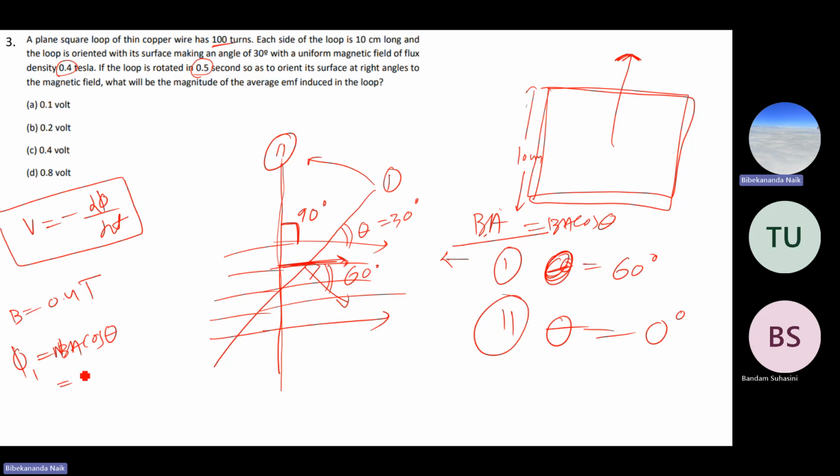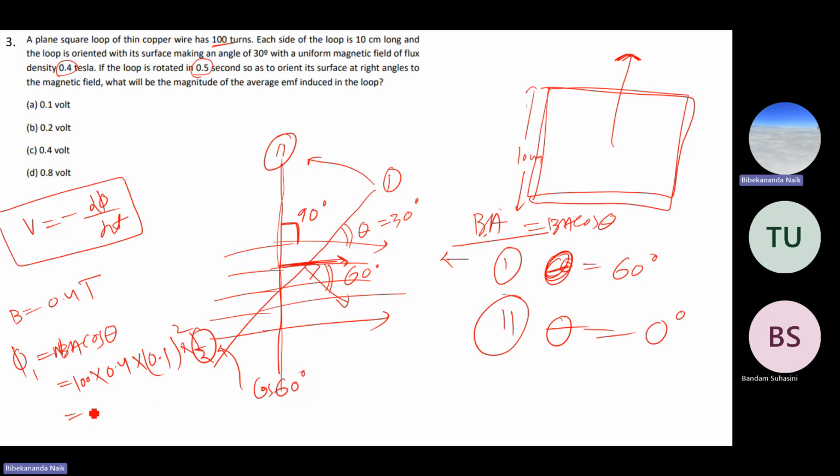So N is 100, B is 0.4 Tesla, and A is 10 centimeter into 10 centimeter, which is 0.1 meter squared, into cos theta. Cos 60 is 1 by 2.